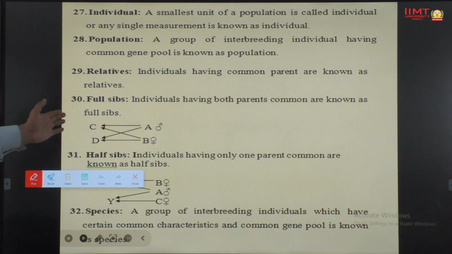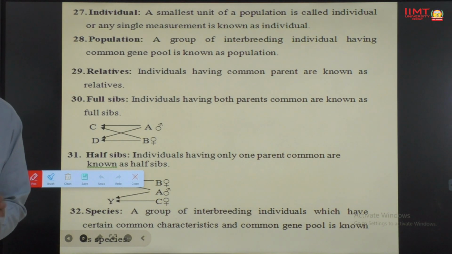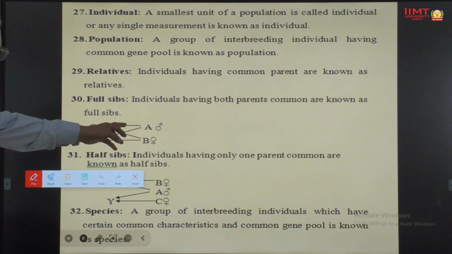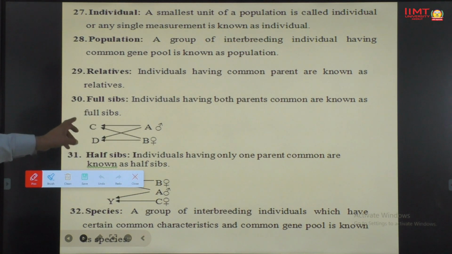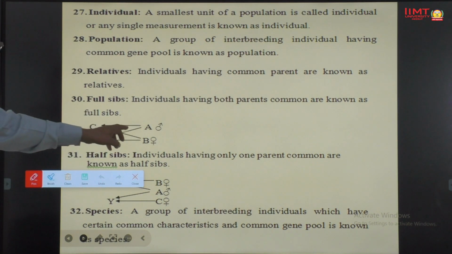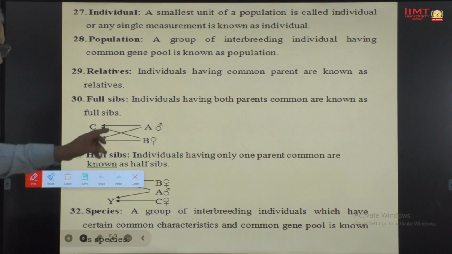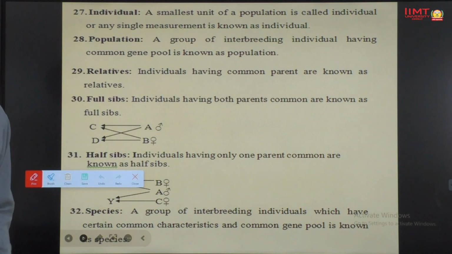In this pedigree, C and D are full sibs. Why are they full sibs? Because they have both parents common. In this pedigree, A is common for both C and D, and the other parent B is also common for C and D. Here, C and D have both parents common. Hence, they are known as full sibs.